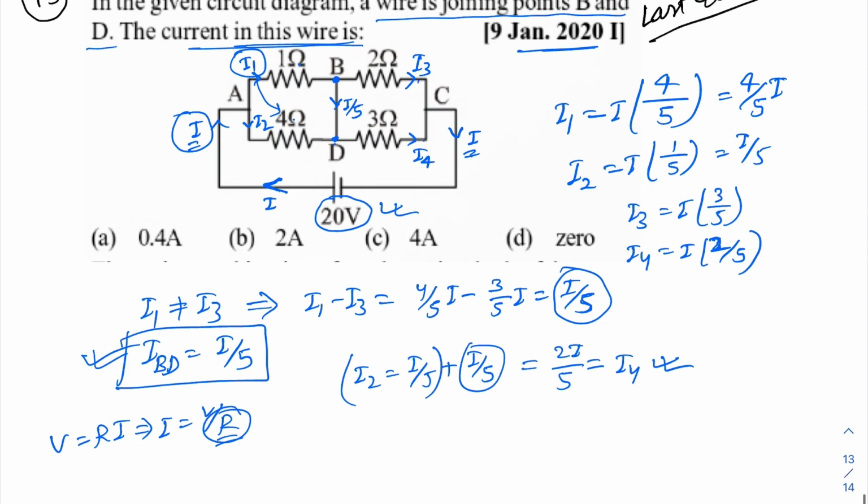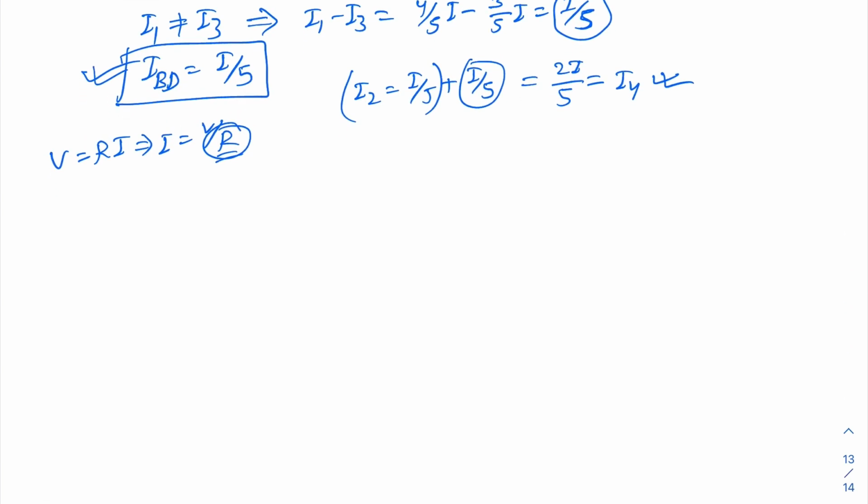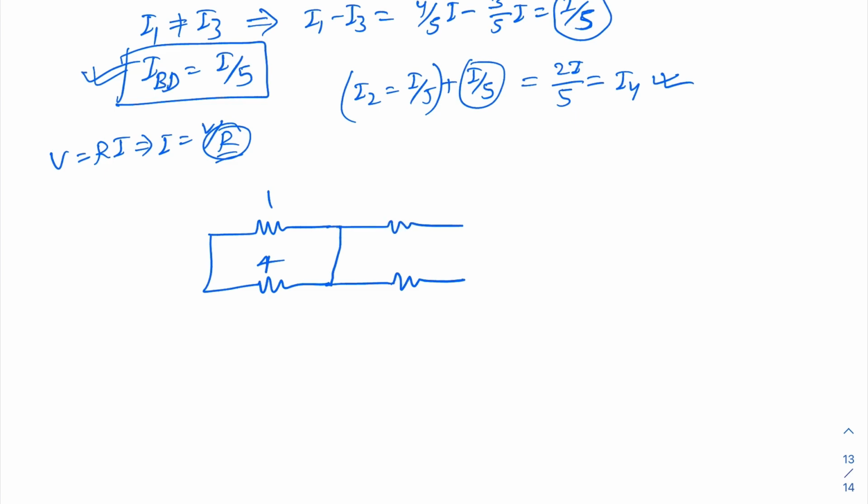Now here we will draw the equivalent diagram. The equivalent diagram will be like this: 1 ohm, and again here 4 ohm, and these two are connected like this. Again 1 ohm, again one resistance.